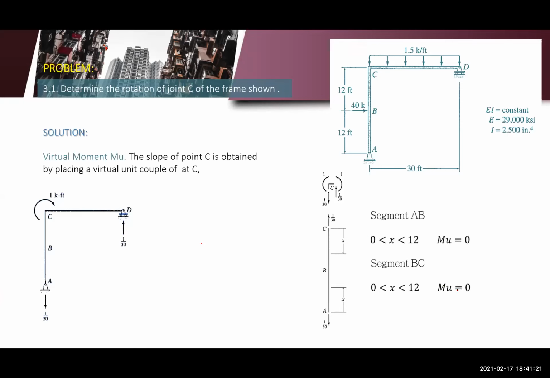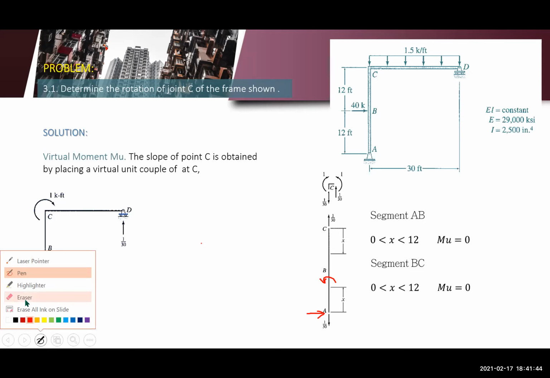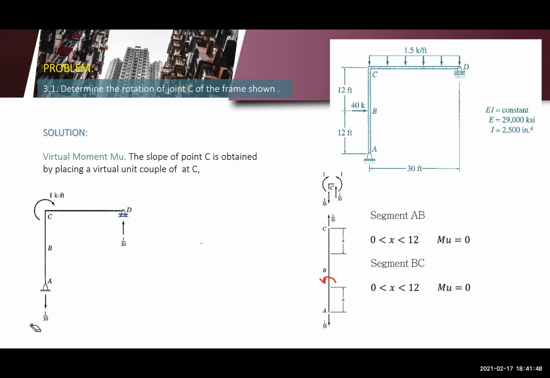Segment BC 0 to 12, MU is also equal to 0. Diba? Kasi kahit maglagay ka dito ng MU, walang perpendicular force na magkukos ng moment. So, pwede pala na 0 yung MU mo. That is if walang perpendicular force sa member. Okay lang naman yan.